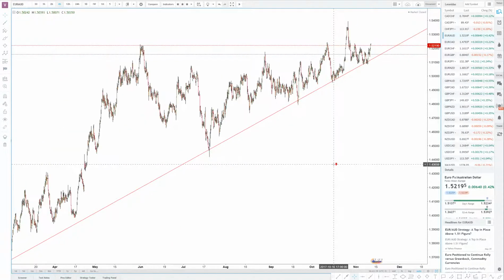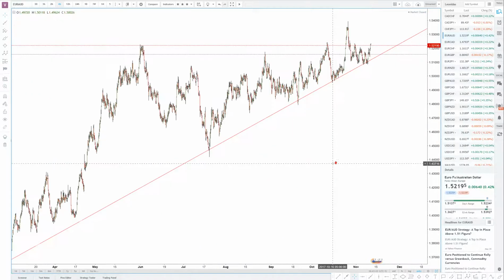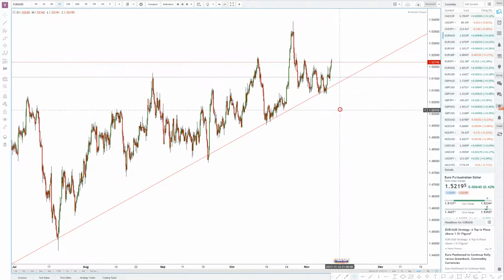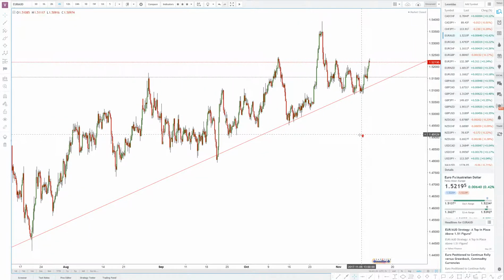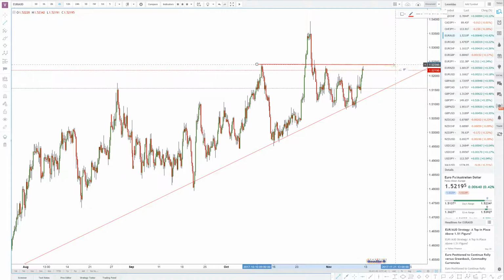If we break this trend line, you can definitely see it going down. But so far, we have not broken it. And we have this Libra thing going on. Let me mark that for you. We have this thing going on like this, right?